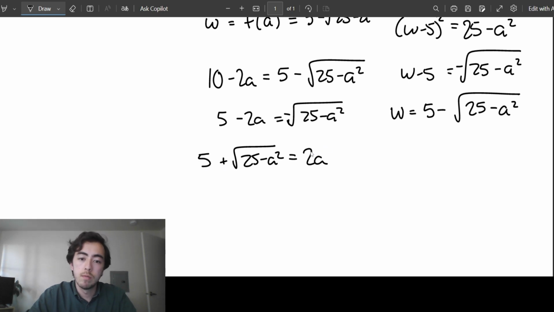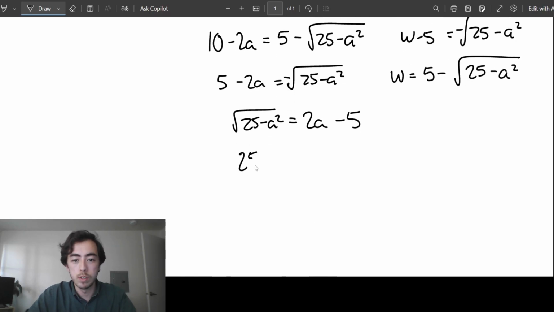And I guess to really solve for a, I think I'll need to release a square root sign. So actually, let's subtract that 5 and put it over here. This way I isolated my square root expression, and now I can take the square of both sides. So 25 minus a squared is equal to this squared.